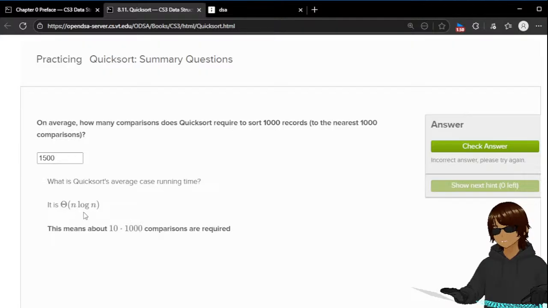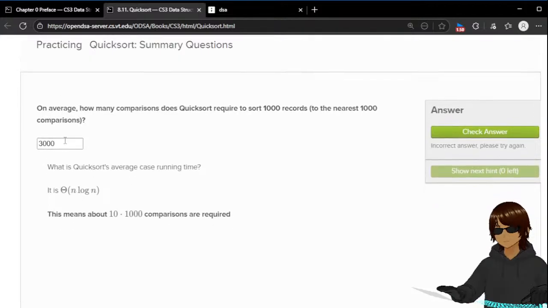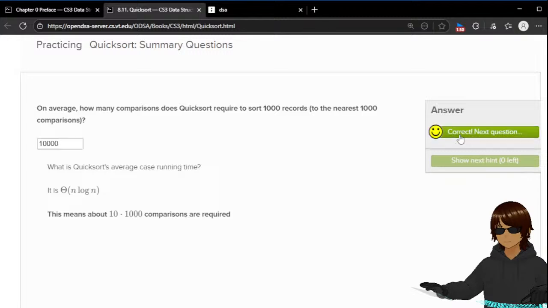Shouldn't it be log of 10,000? I don't understand. How many comparisons does quicksort require to sort 1000 records to the nearest 1000 comparisons?